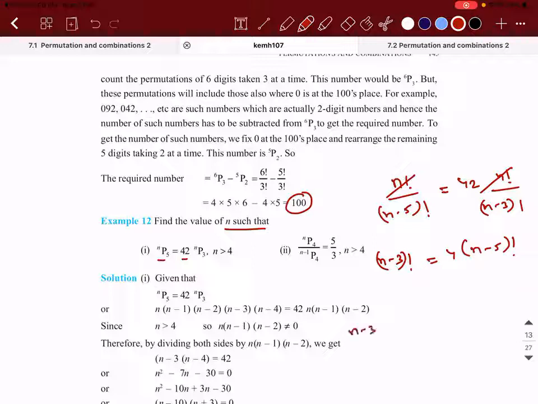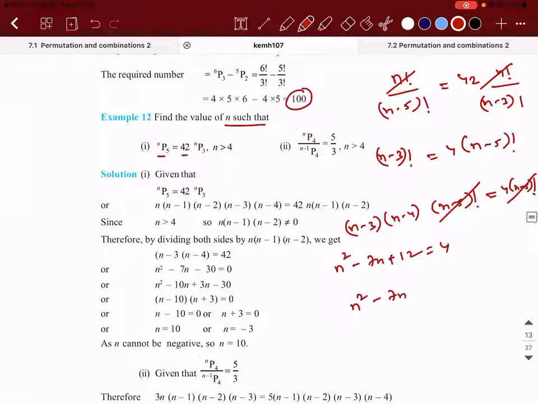So you can write n minus 3 into n minus 4 into n minus 5 factorial is equal to 4 into n minus 5 factorial. Cancel it. So n square minus 7n plus 12 is equal to 4. So n square minus 7n plus 8 is equal to 0. So n minus 8 into n plus 1 is equal to 0. n will be equal to 8 or minus 1. Minus 1 is ruled out.